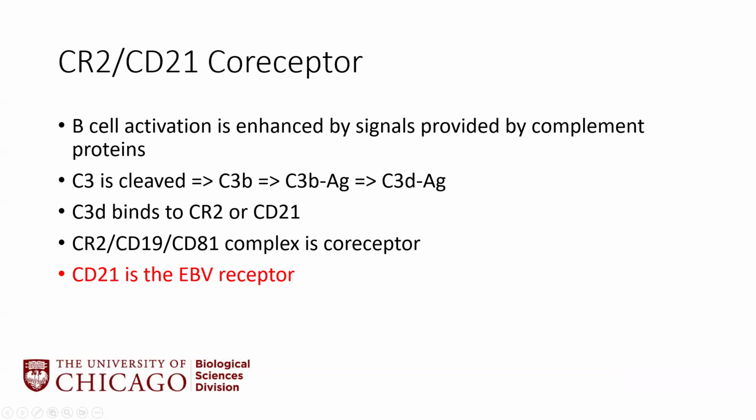I think we've talked about complement before, but remember C3 is cleaved frequently and C3b can bind to antigen, become C3d, and then it's this C3d that can bind to complement receptor 2. So then you have CR2, CD19, and CD81, which becomes a co-receptor complex.